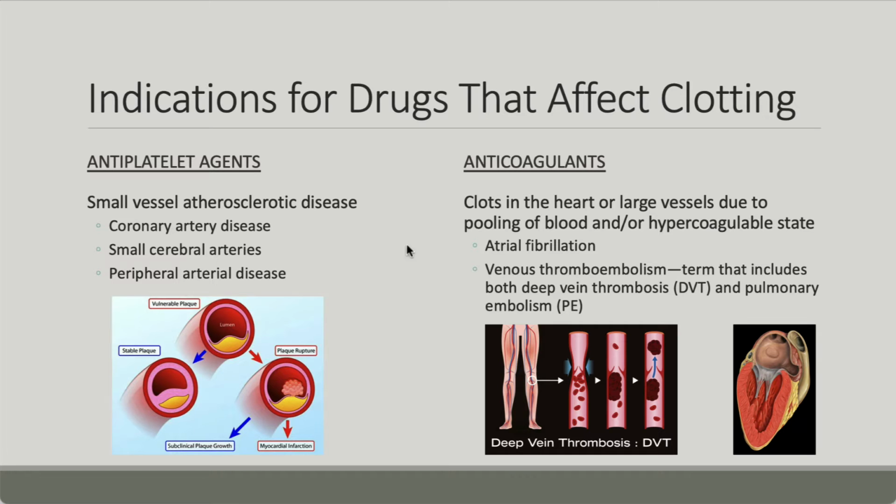We're going to use anticoagulants when we're talking about clots inside the ventricle or inside the atrium or inside of a vein in your leg, a deep vein. Those are all reasons for us to use anticoagulants. Okay, so atrial fibrillation is where the top part of the heart just kind of quivers.